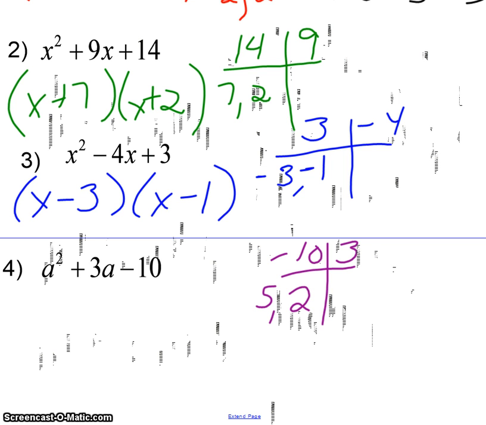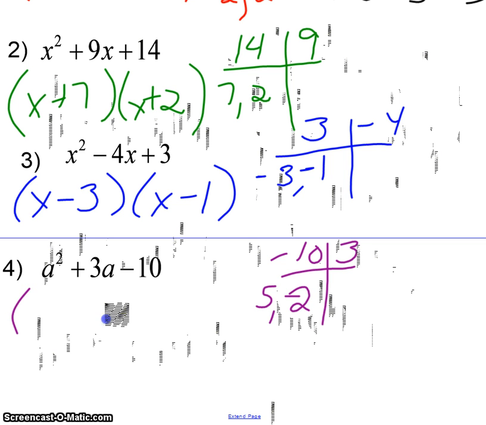So either the 5 is negative or the 2 is negative, and we want to make the bigger number positive because they're adding up to a positive 3. So we're going to make 5 positive, negative 2. 5 plus negative 2 is positive 3, and 5 times negative 2 is negative 10.